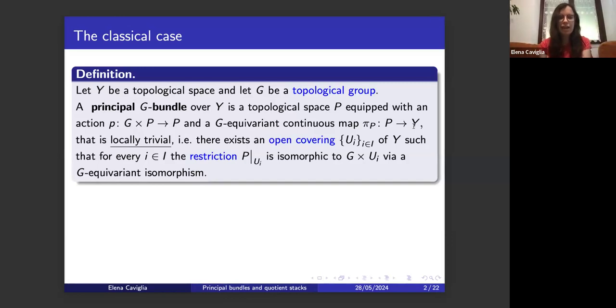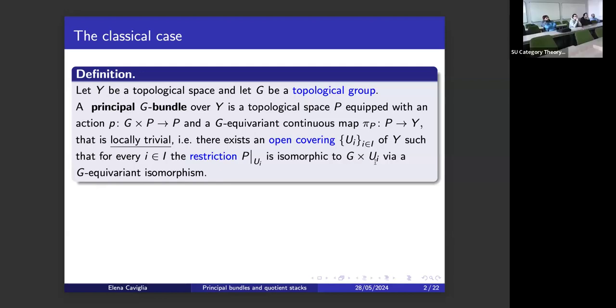This means that we can find an open covering of the codomain, so of Y, such that every time we restrict to this open covering, what we get is trivial. So we get a projection from a product into the second component.